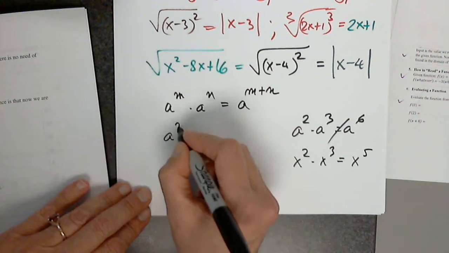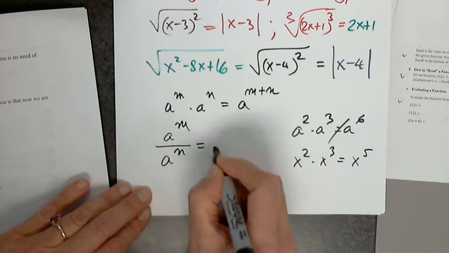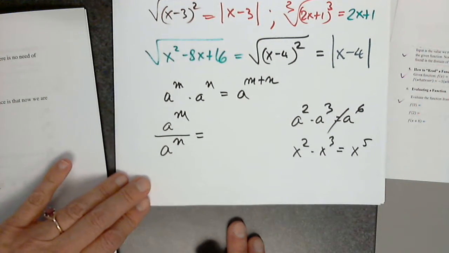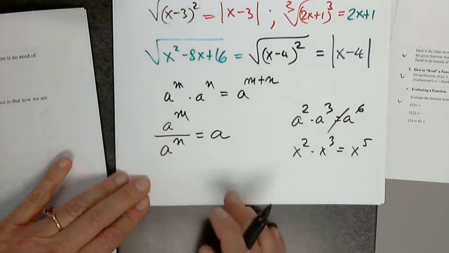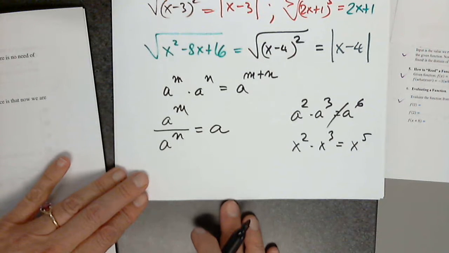The next one, a to the mth power over a to the nth power. m at the top, n at the bottom. Copy the base. What happens to the exponents?